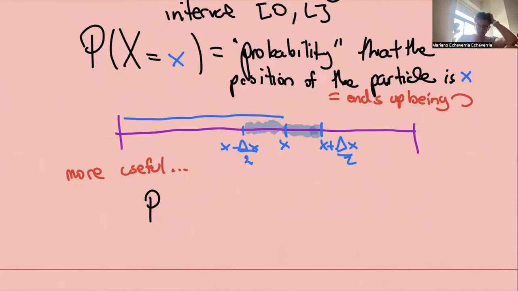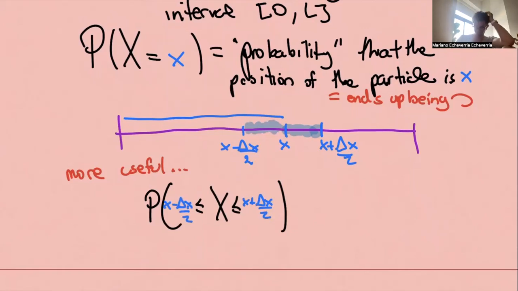So instead, what we're going to ask for is something like the following: x being between x minus delta x over 2 and x plus delta x over 2.